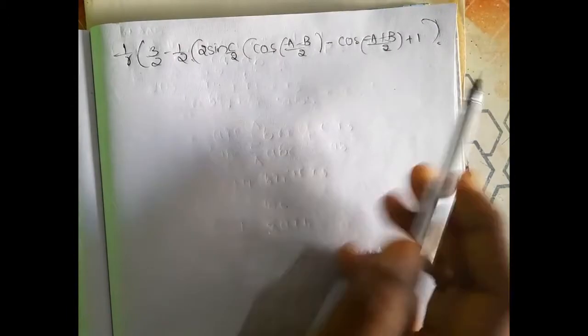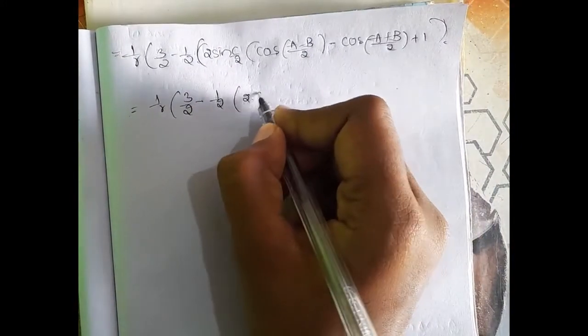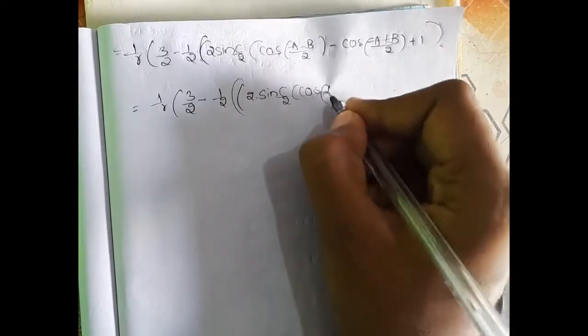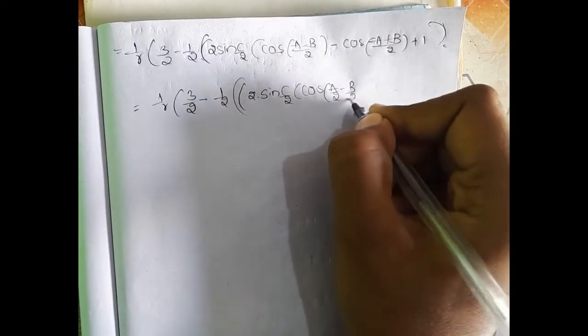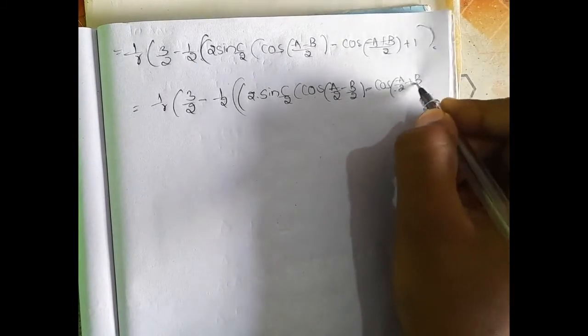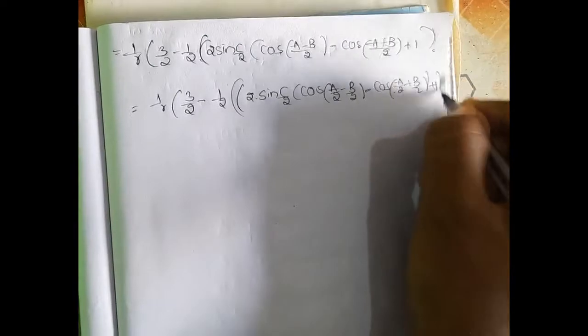Written the same step here. So now 1 by R, 3 by 2 minus 1 by 2, 2 into sine C by 2, cos A by 2 minus B by 2 minus cos A by 2 plus B by 2. Just written separately, A by 2 plus B by 2, plus 1.